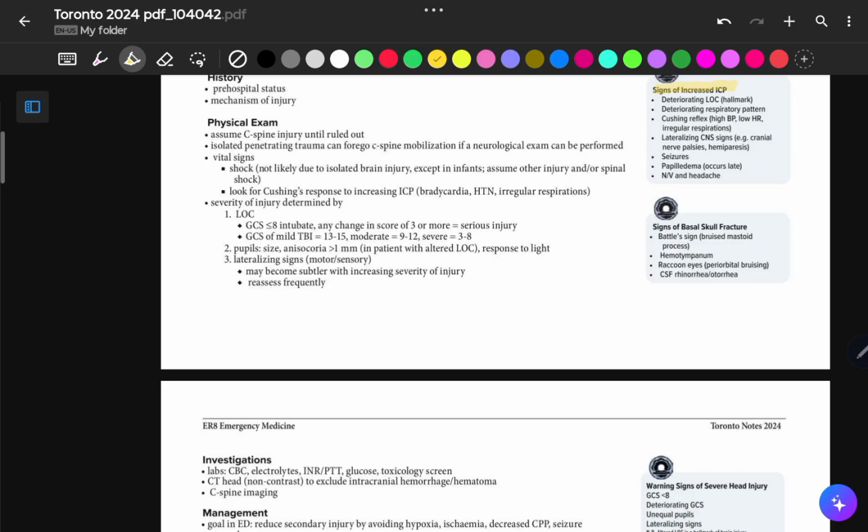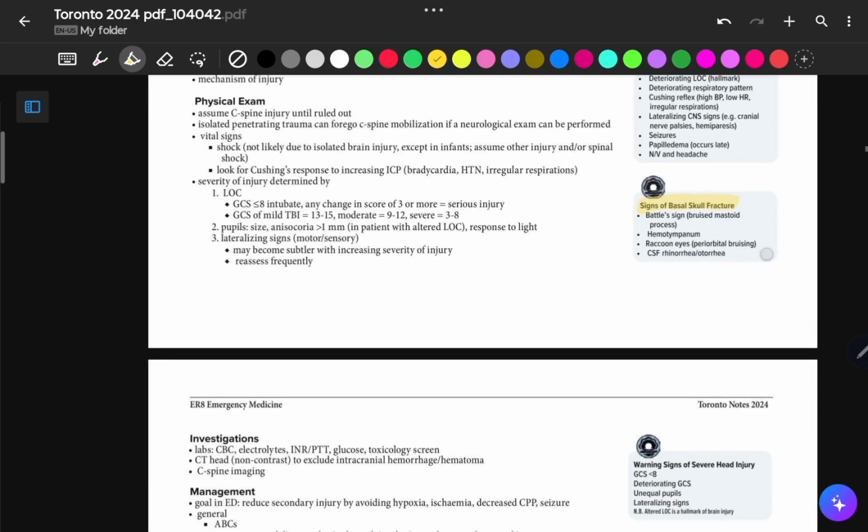So what would be the signs of a patient with a basal skull fracture? Number 1, they're going to have a bruise at the mastoid process just behind the ear, and that is known as the Battle sign. Then they can have hemotympanum, so blood behind the tympanic membrane.